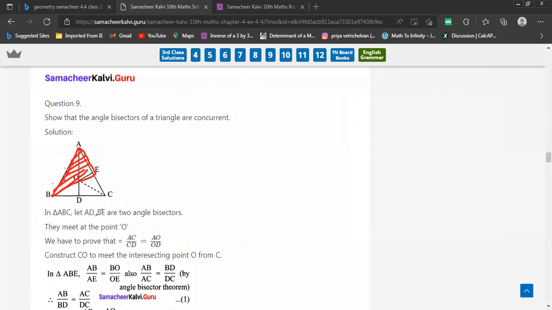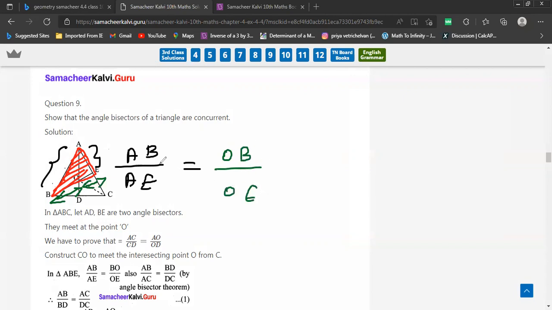If you take this, you would be having AB upon AE is equal to OB upon OE. This is the angle bisector theorem. This is how they will take. So imagine you're having a triangle.